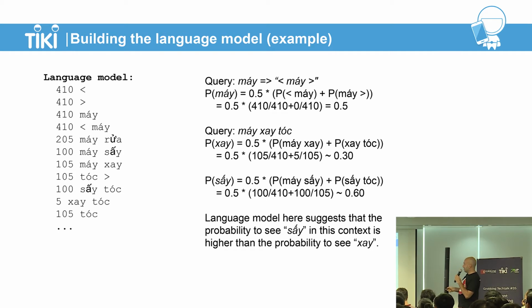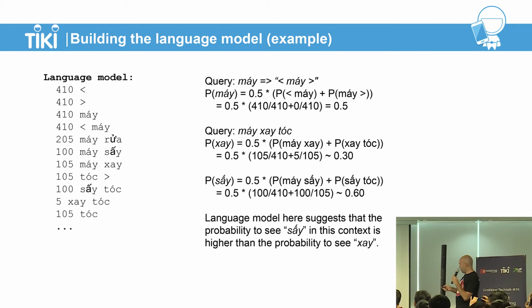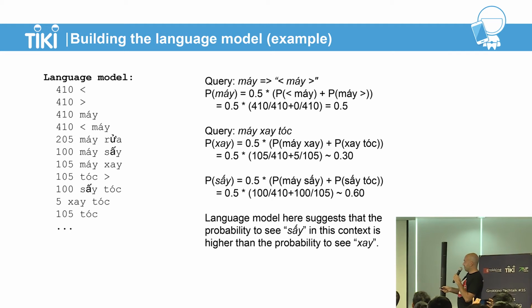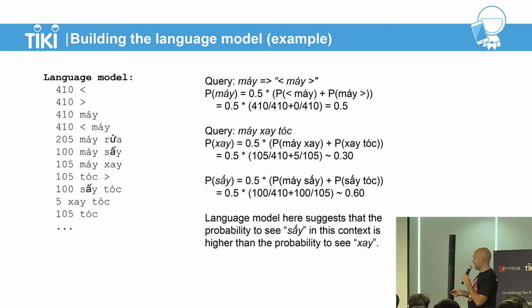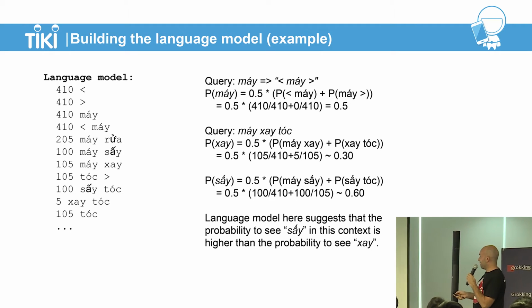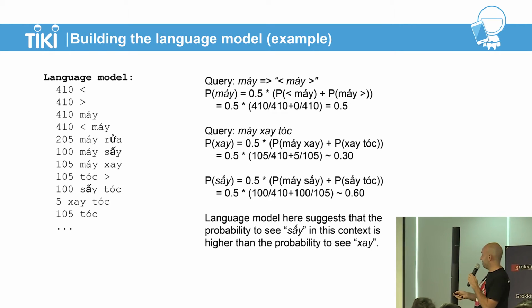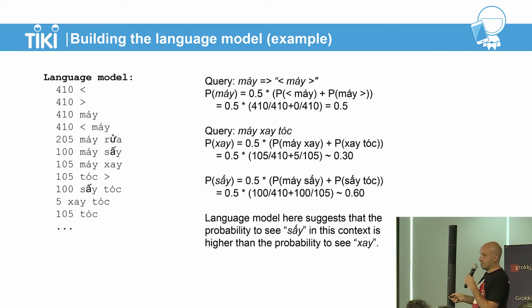You can see that we saw beginning of sentence my 410 times, and you can also see, unfortunately, it's not in this example here. Maybe it's just not the last version of the slides, but anyway, you can count it from here. You can just see that we totally have 410 sentences. So in total, we have 410 beginning of sentences.